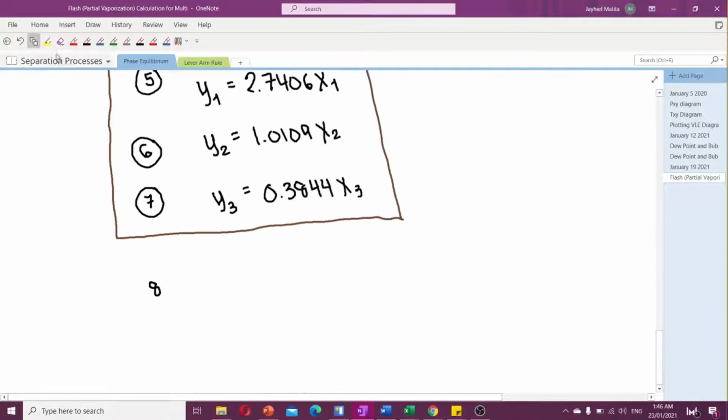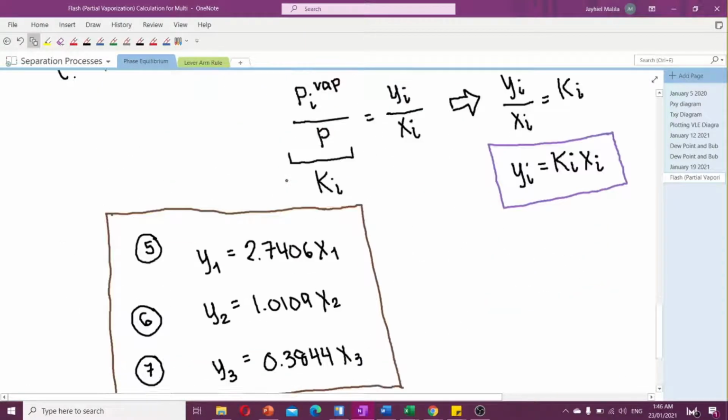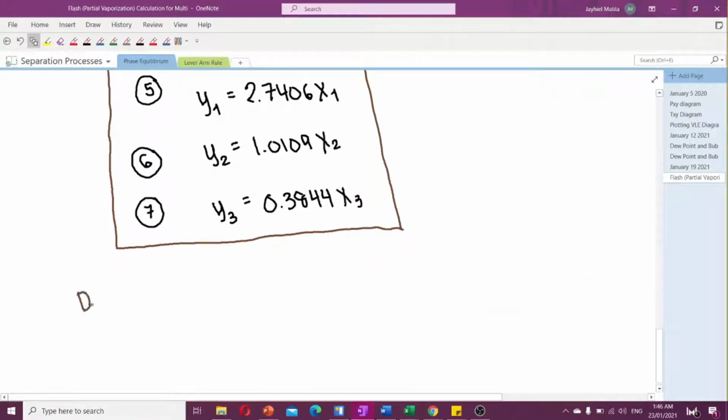We can actually have nine equations, but I think the ninth equation is not that useful anymore. I think the eighth and ninth will be the summation of mole fractions. Of course, that's important. So there will be a lot of equations that we have to solve simultaneously.